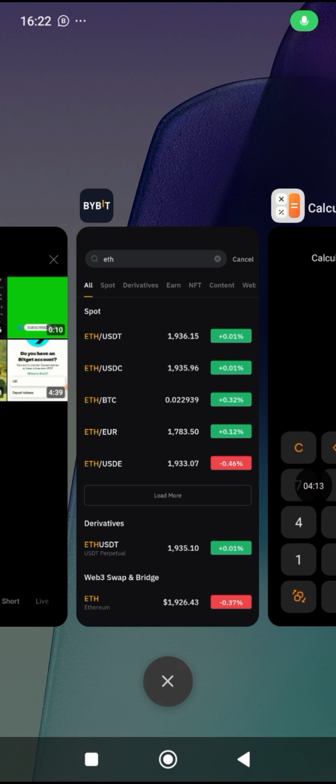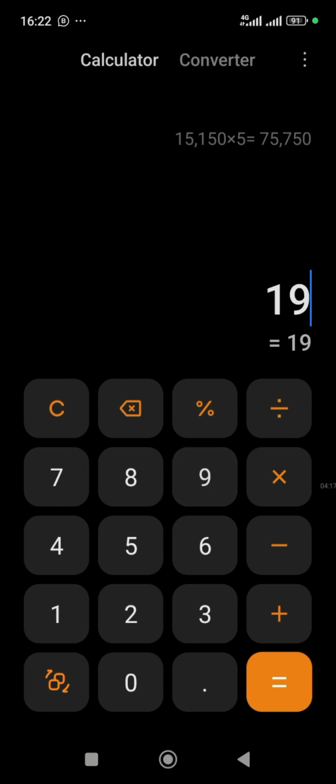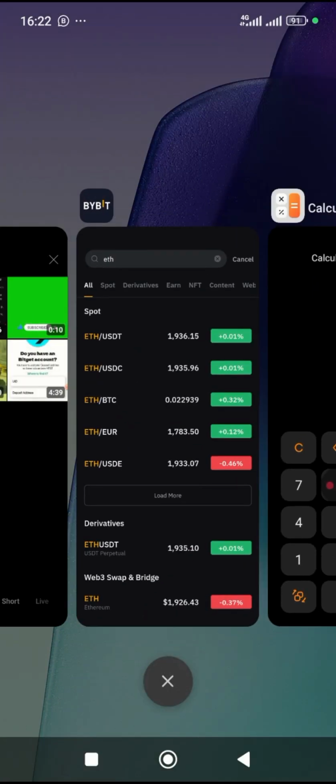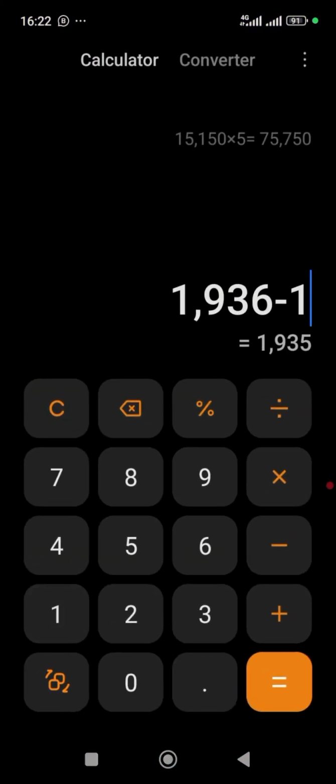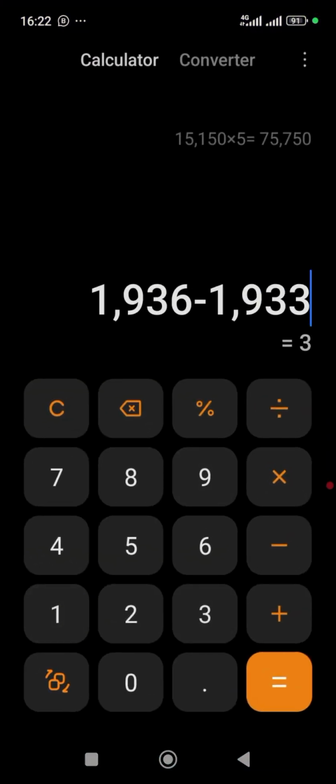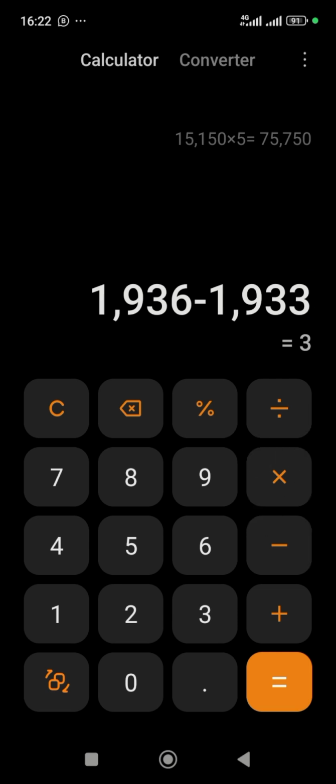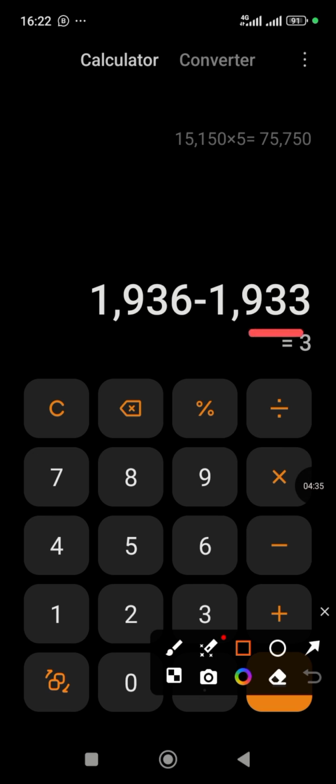So here we can see it: 1,936 minus, let's check the lowest one, 1,933. Now it is at $3 as we can see here.